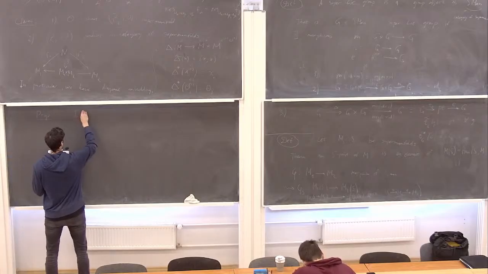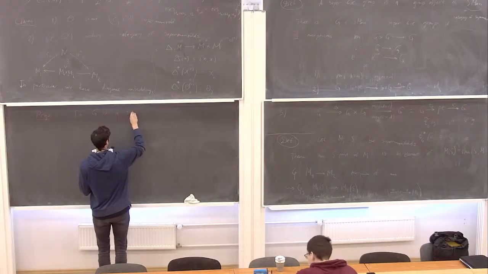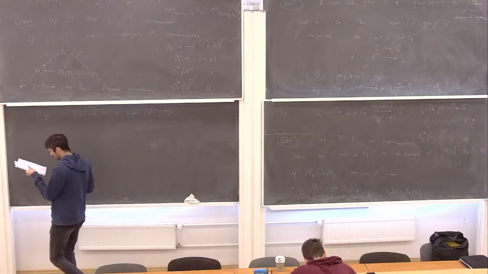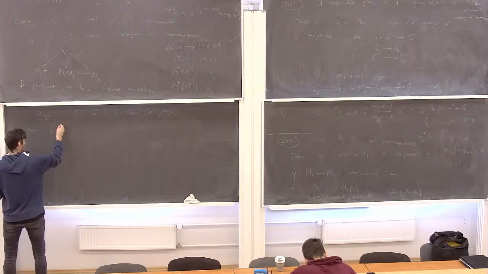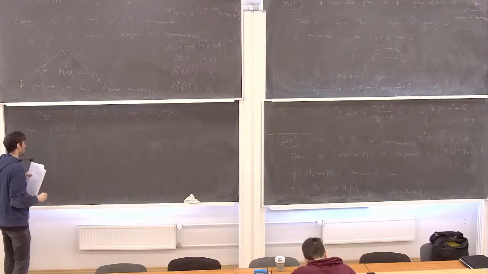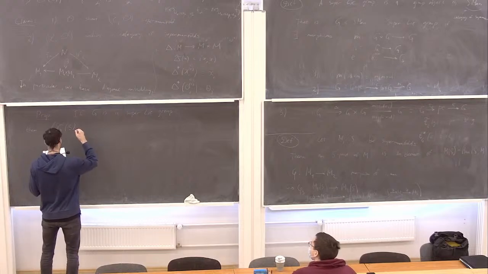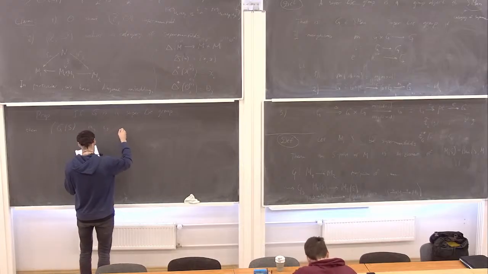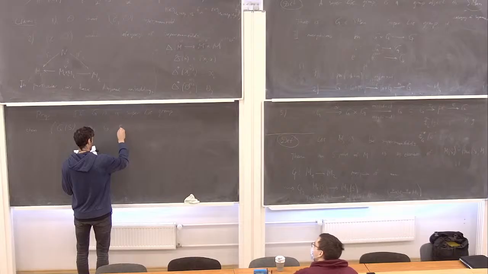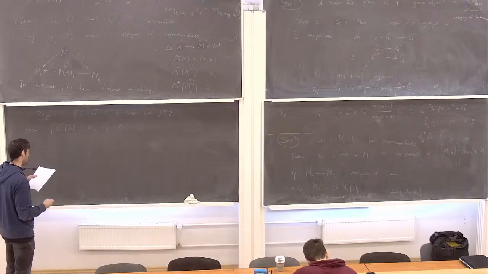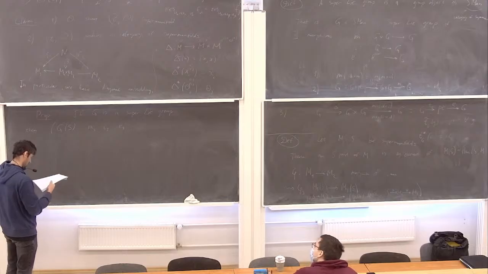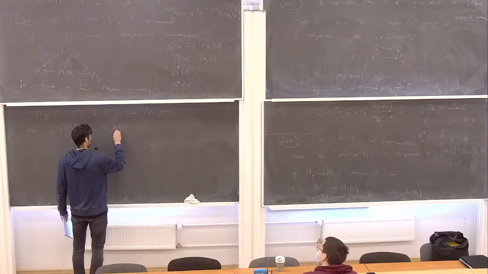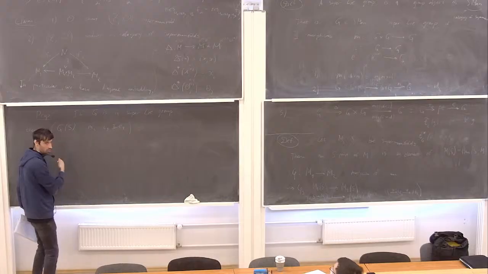If G is a super Lie group, then G of S, so S points of G, with maps MS, IS, and the image of identity S. This should be a point inside here.